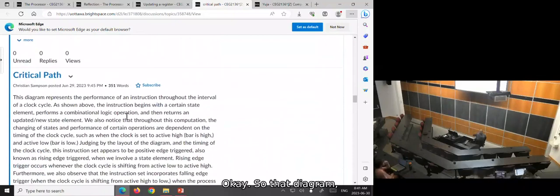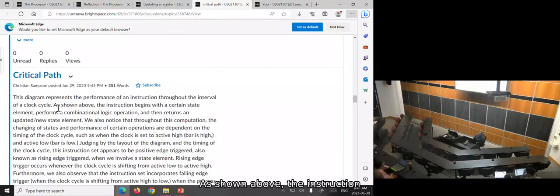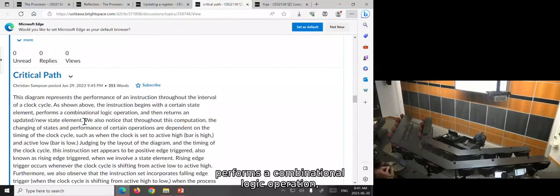So that diagram, what is that and how is clock frequency determined? This diagram represents the performance of an instruction throughout the interval of a clock cycle. As shown above, the instruction begins with a certain state element, performs a combinational logic operation, and then returns as an updated new state element.